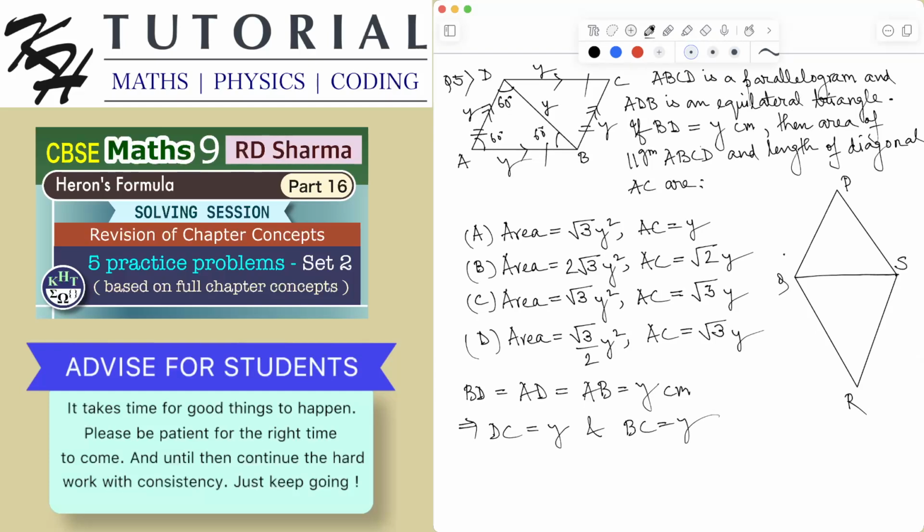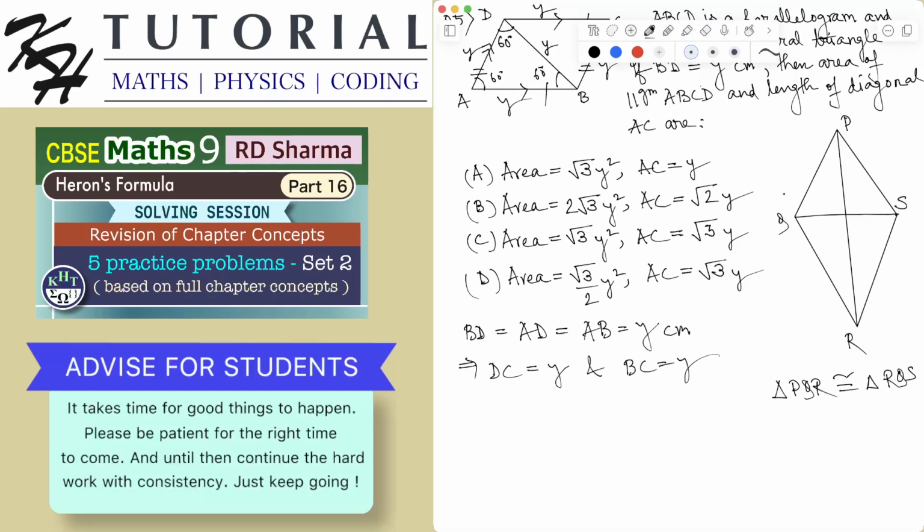So we will have the diagonal QS dividing the entire rhombus into two congruent triangles PQS and RQS. Also, if you consider the diagonal PR, then the diagonal PR will also divide the rhombus into two congruent triangles.